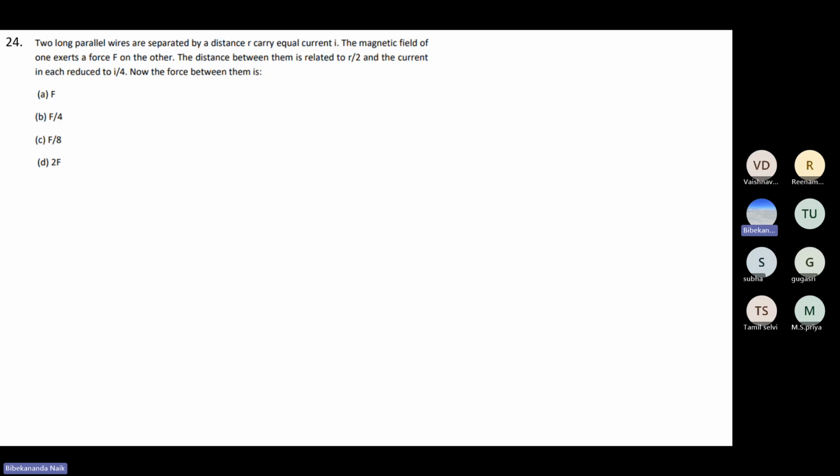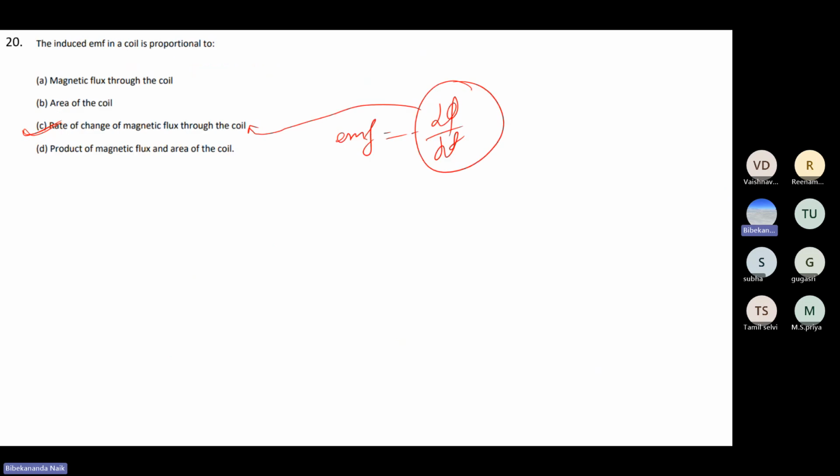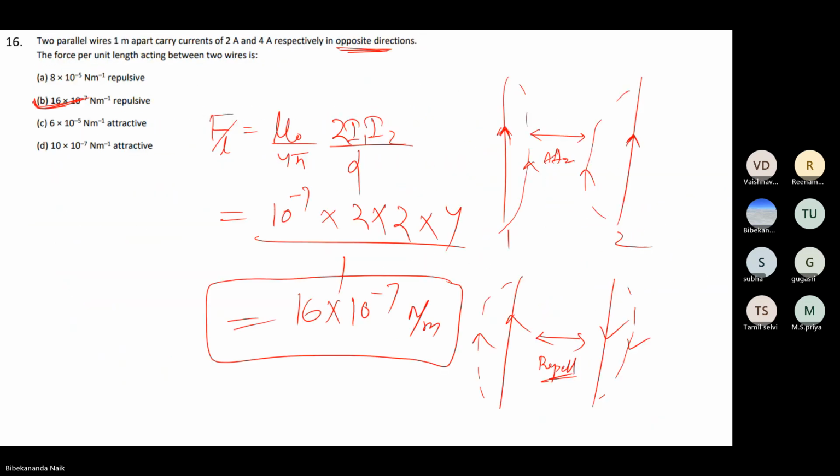Now the force between them is? We had already discussed the formula. This is the formula, that is the force per unit length between the two wires, where I1 and I2 are the currents flowing in the two wires, and R, or D, is the distance between the two wires.